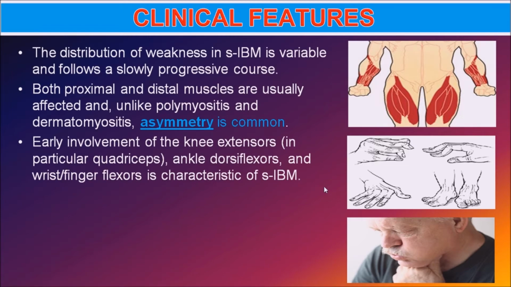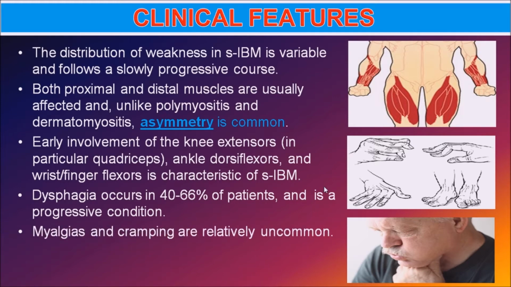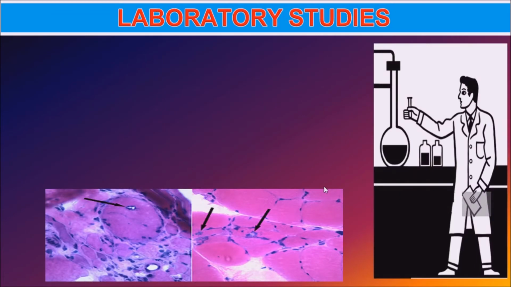Early involvement of the knee extensors, in particular quadriceps, ankle dorsiflexors, and wrist and finger flexors, is characteristic of sporadic inclusion body myositis. Dysphagia occurs in 40 to 66% of patients and is a progressive condition. Myalgias and cramping are relatively uncommon.